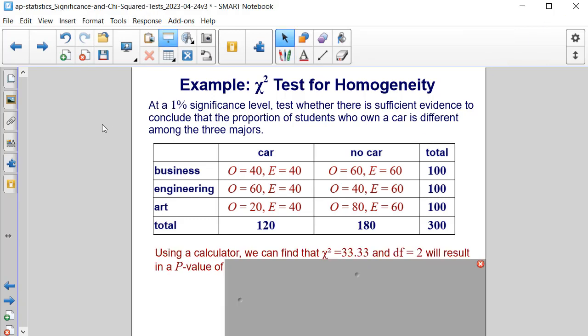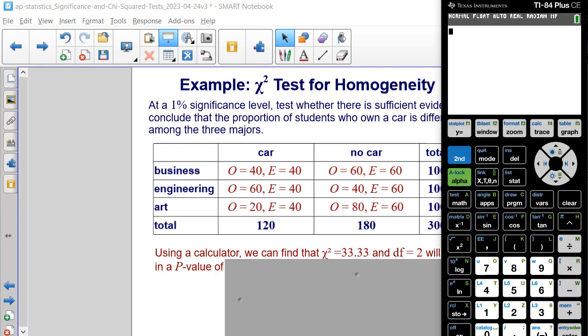If we use a calculator, we can find that when chi-squared is equal to 33.33, if we round it off to say the nearest hundredth, and the degrees of freedom are 2, we are going to get a resulting p-value. And let's actually substitute that into a calculator and go about this process.